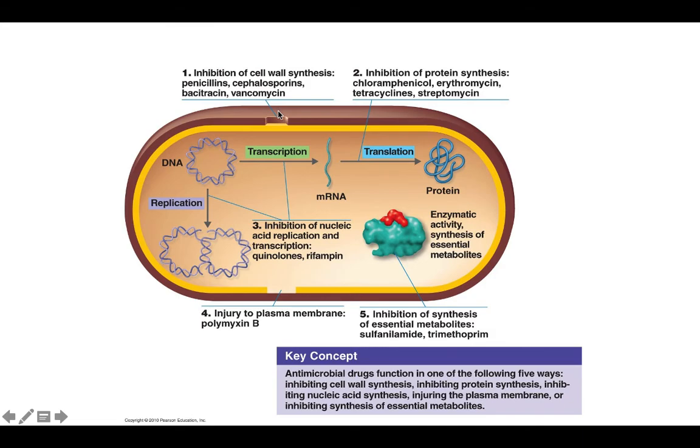One unique target would be the bacterial transpeptidase, right, that cross-links peptidoglycan. So our beta-lactam antibiotics, they're irreversible competitive inhibitors of bacterial transpeptidase. So if the bacterium is sensitive, it can't cross-link the peptidoglycan, and if it's growing in a hypoosmotic environment, it'll die from osmotic lysis.